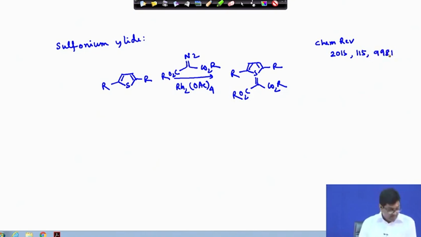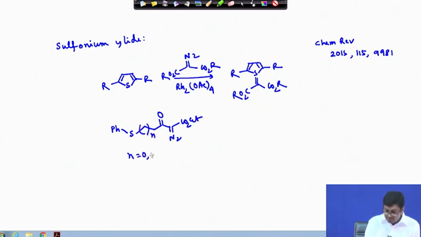So, next, in a similar way, another sulfur containing substrate, where sulfur can react in an intramolecular way with the carbenoid to form the corresponding cyclic compound. Here n equals 0, 1, 2, 3, again in presence of rhodium 2 acetate.